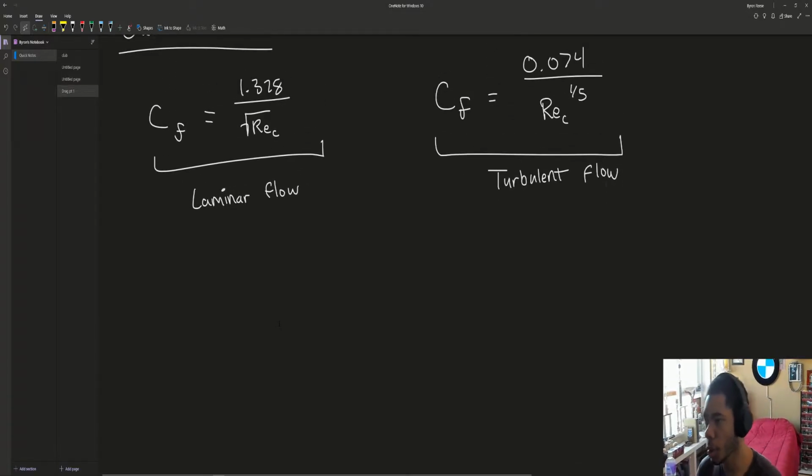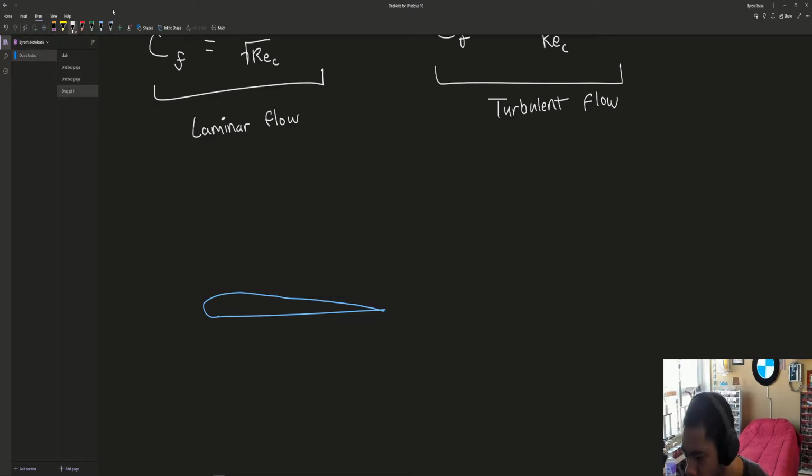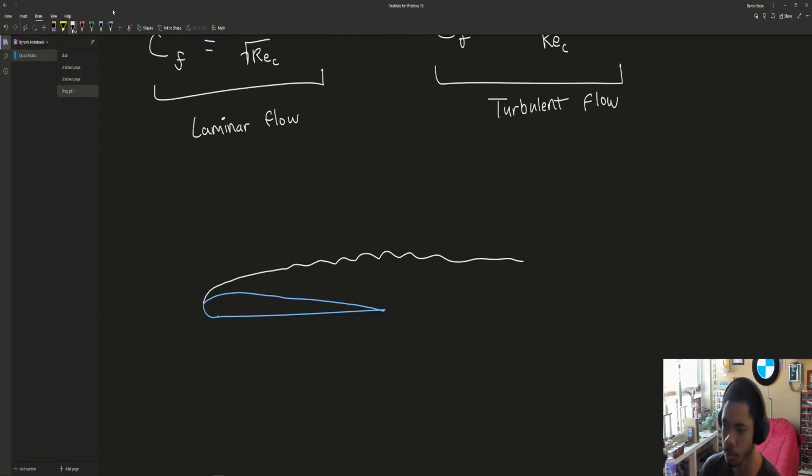Now, we're going to go ahead and describe laminar and turbulent flow here before we move on so that they're understood. So say we have our airfoil again. That's our airfoil. Now, as we have our boundary layer, something like this, this beginning part here is what we call laminar flow.